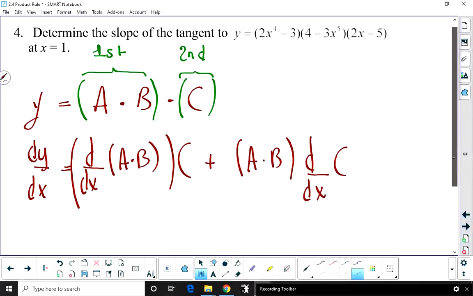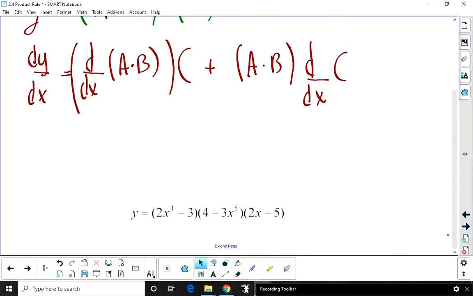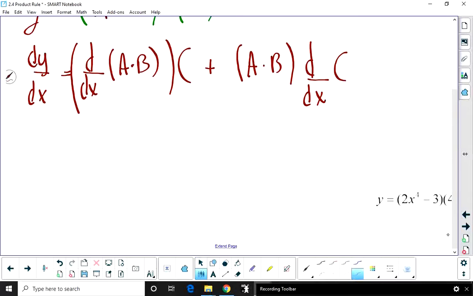Okay, so then how would you go about determining the derivative with respect to x of AB? Well, the derivative with respect to x of AB is found by using the product rule.